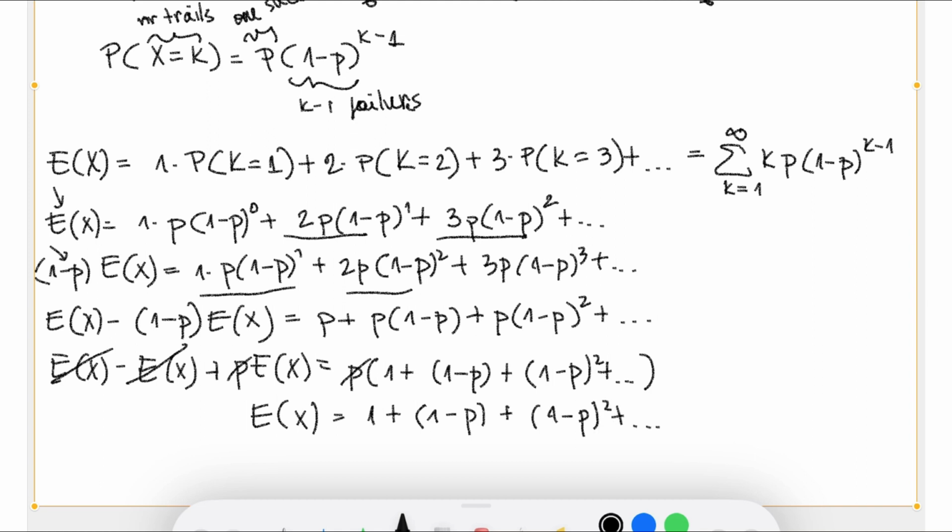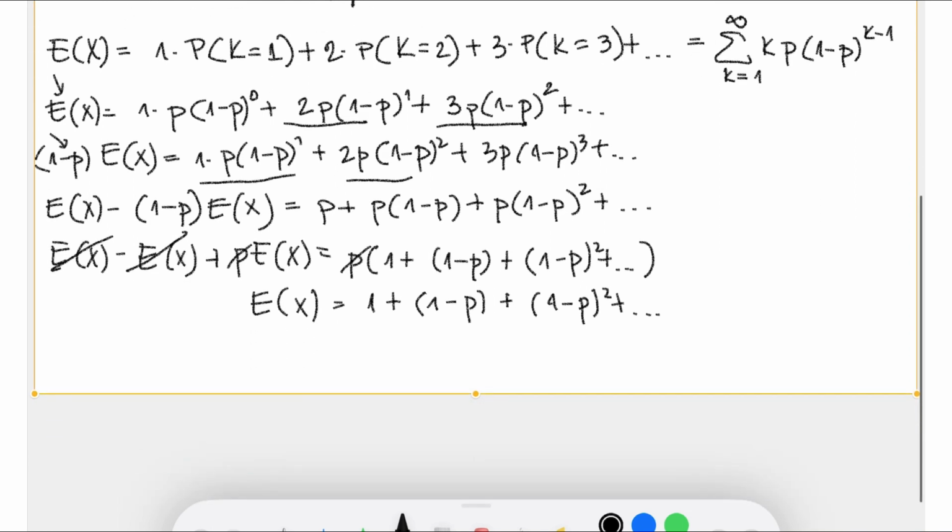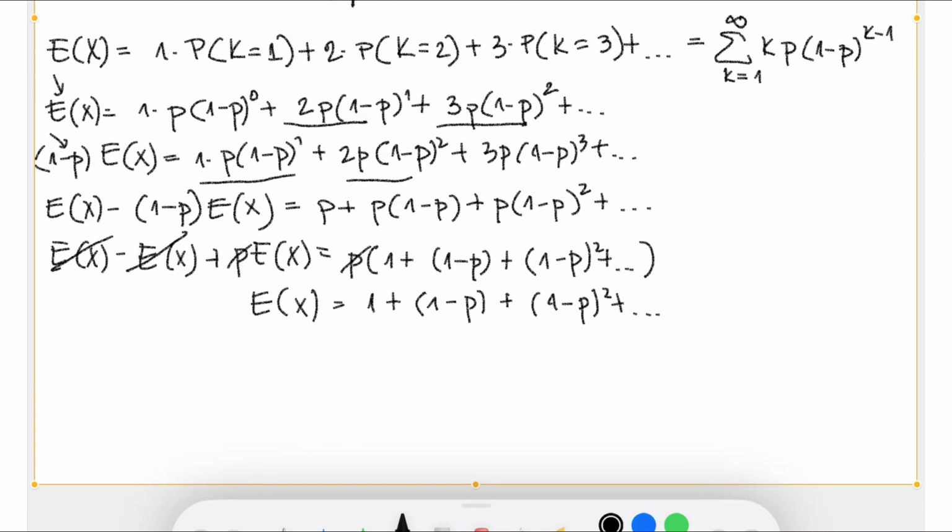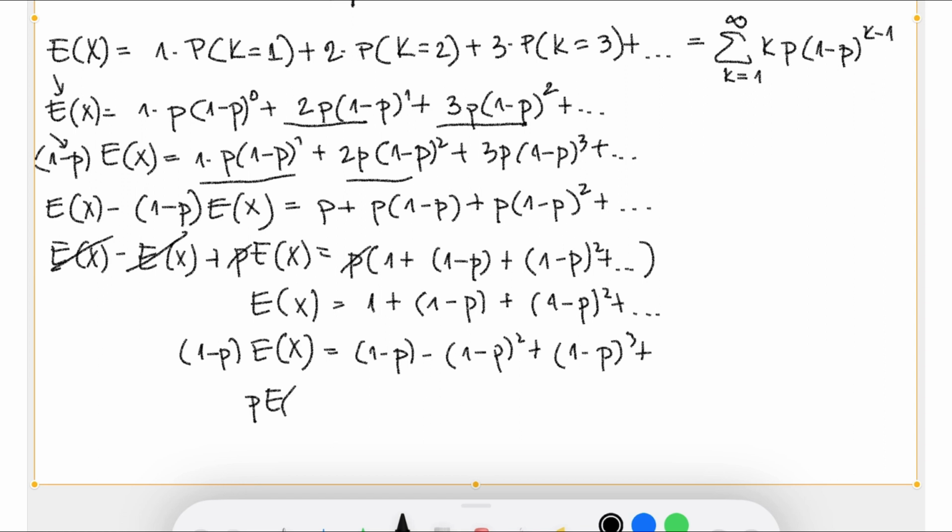And we will do the same trick again, exactly the same trick. We multiply with 1 minus p. And then we will subtract again the first one from the second one. So when we subtract, we are left with pEX, like in the above situation.